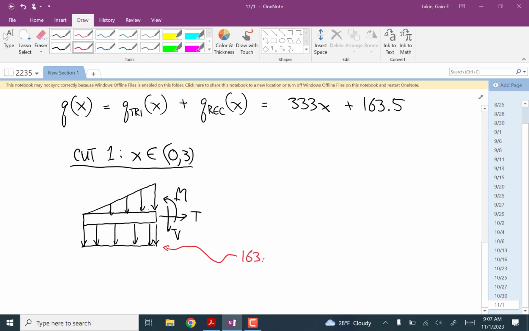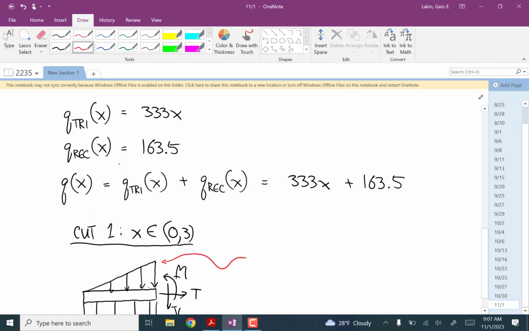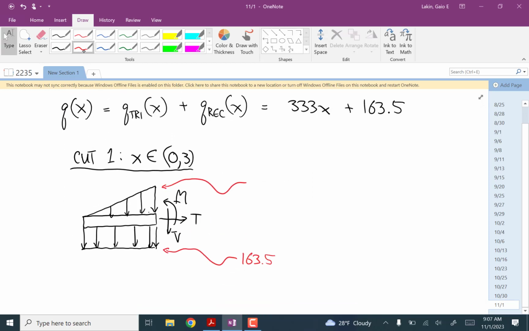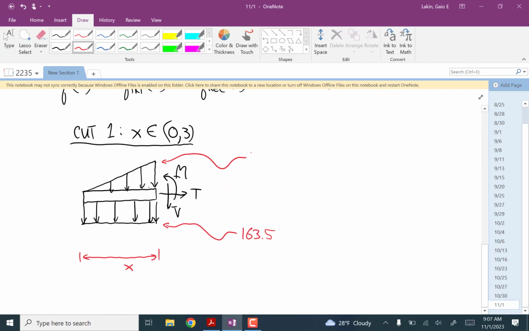That's just 163.5. And the height of this one comes from that distributed load function, Q triangle. We know that the height for a given x value is this. So since the right end is our x value x, the height of the triangle at that right end is 333.3 repeating times x.